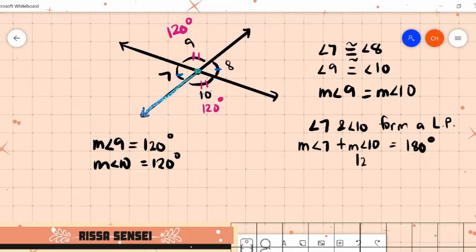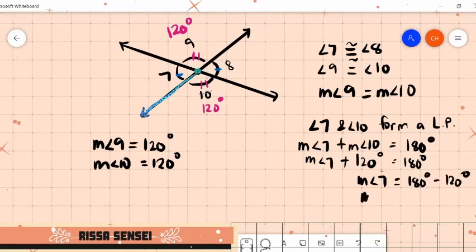Since measure of angle 10 is 120, ano yung pwede nating i-add sa 120 to get sum of 180? So, that's 60 degrees. So, ibig sabihin, angle 7 is 60 degrees. Or, pwede namang ganitong paraan. 180 minus 120, it will give us 60 degrees.